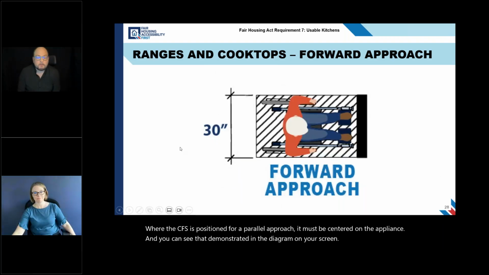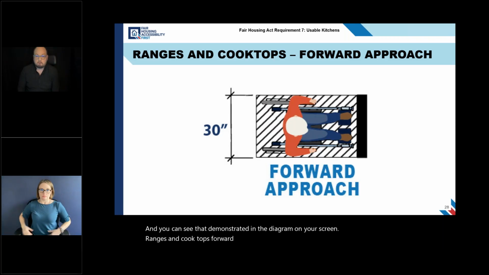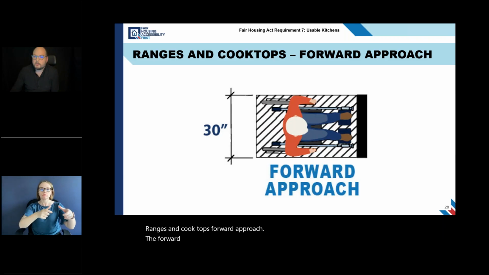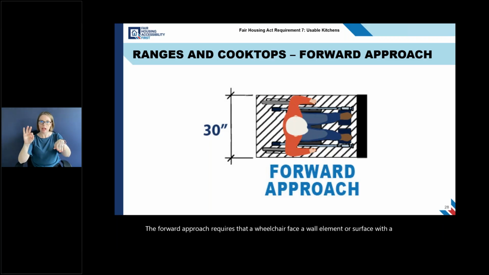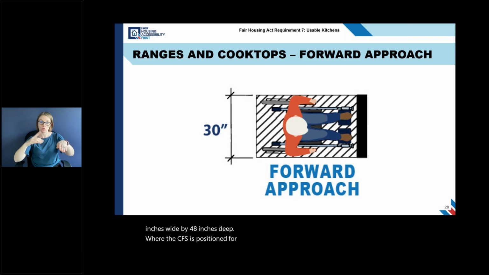Ranges and cooktops, forward approach. The forward approach requires that a wheelchair face a wall, element, or surface with a CFS of 30 inches wide by 48 inches deep. Where the CFS is positioned for a forward approach, it shall be centered on the appliance.